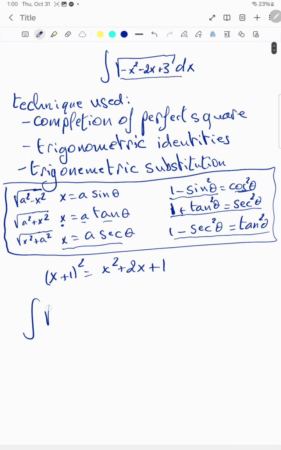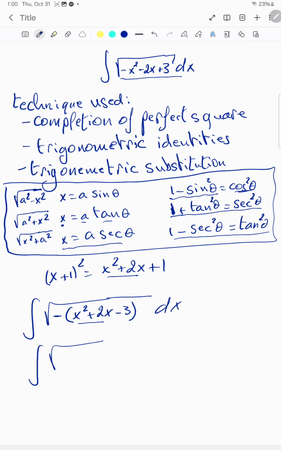So the integral of the square root here, if I factor out a minus, I will have x squared plus 2x, and instead of plus 3 it will be minus 3. This is the start of x squared plus 2x. I need to add 1, subtract 1 to it.